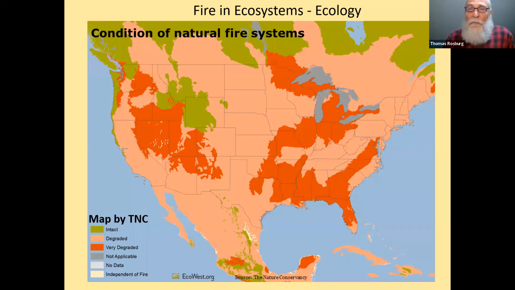So here they're talking about the absence of fire on the landscape, which has been a part of our history for a long, long time, and what that has done to those systems. You can see that there's only a few places that are intact, meaning there hasn't been much loss of biodiversity and structure and the way ecosystems work in those green areas. Mostly places that are fairly wild and probably still have at least some kind of natural fire occurring. But all through the Midwest, all through the South, very degraded to degraded.